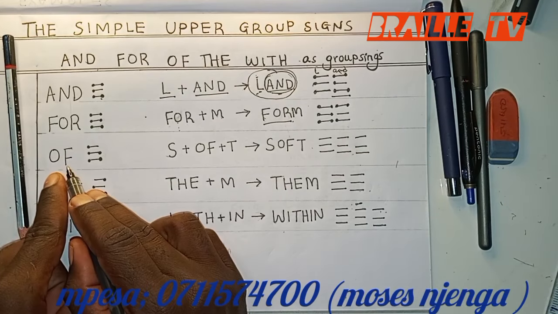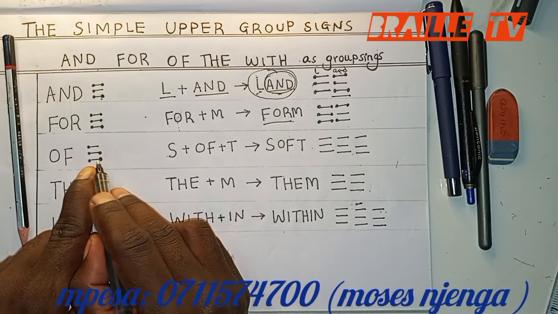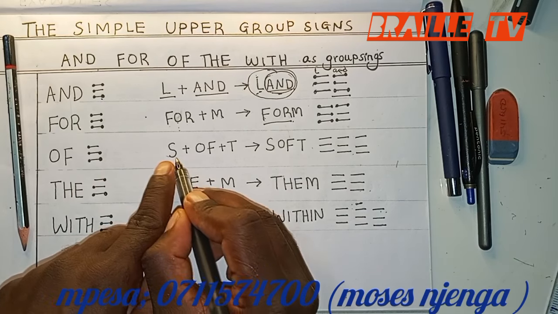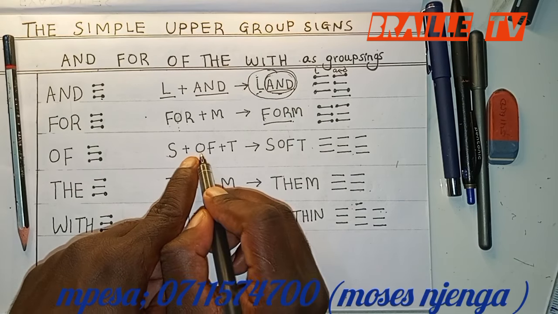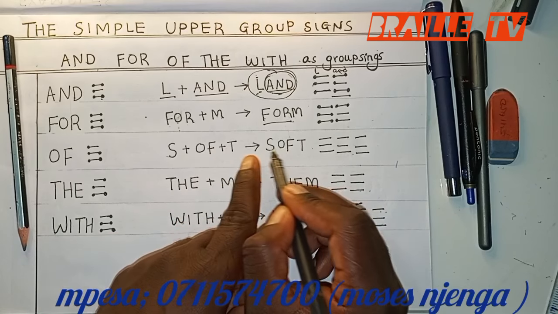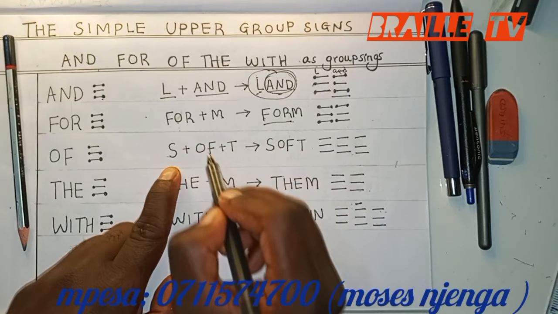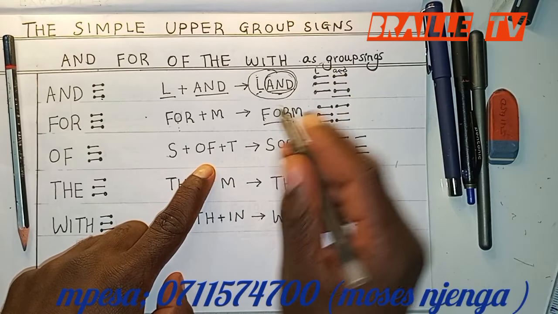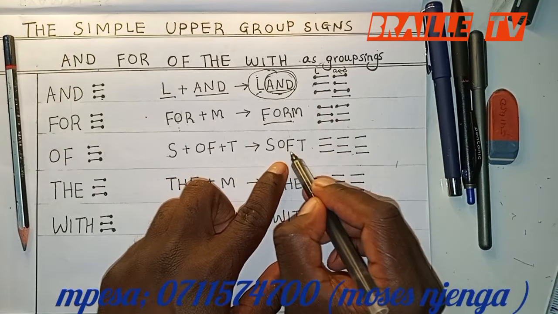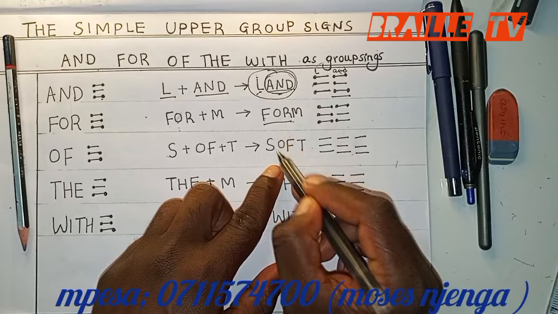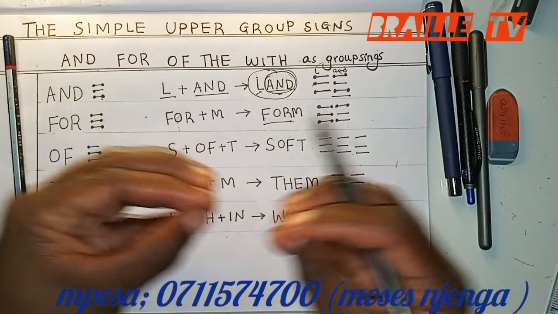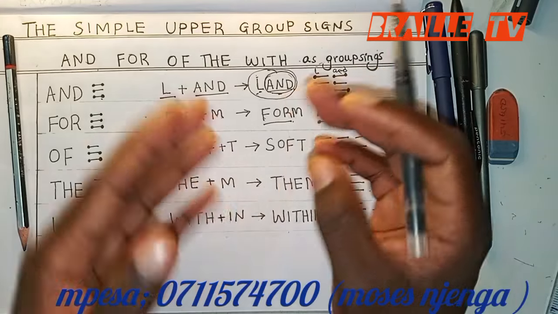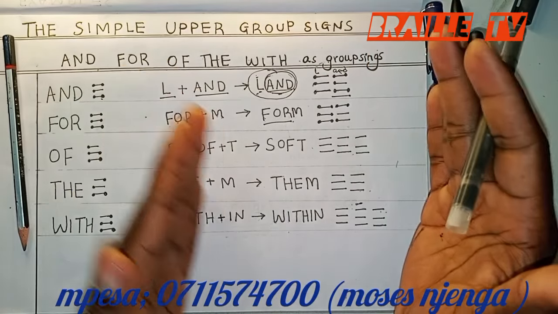When we come to of, it is written like this. Remember, I told you of is missing 4 or R plus dot 6. Then when you get of and then you add S before it and T after it, you get the word soft. So in this case, of here has been used as a group sign because it is inside a word. It is here inside and we are going to contract it. It is used as a group sign because, from the term group sign, it means bringing two or more things together.